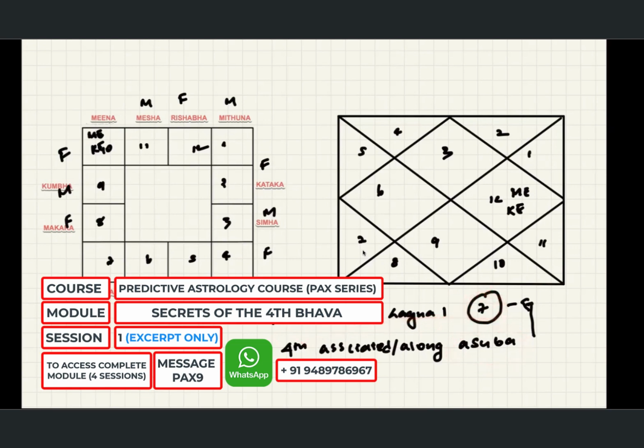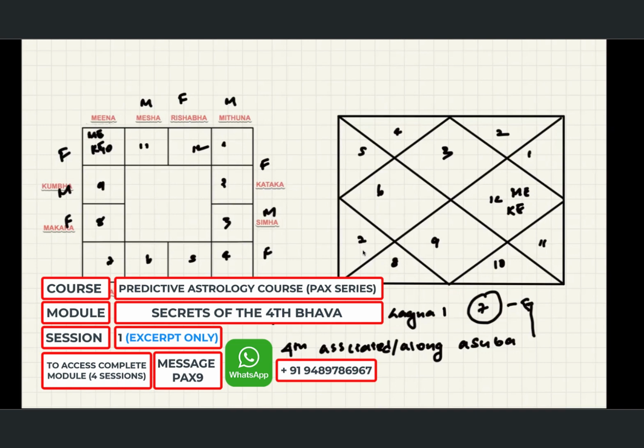So now what you should predict in such cases is, since the Lagna lord is in the seventh, the fourth bhavadipati, which indicates one's beauty, that is good. But since he is along with the Ashubha Graha, what it means is after the marriage, whether it is a Stree or whether it is a Putra, their beauty will diminish.